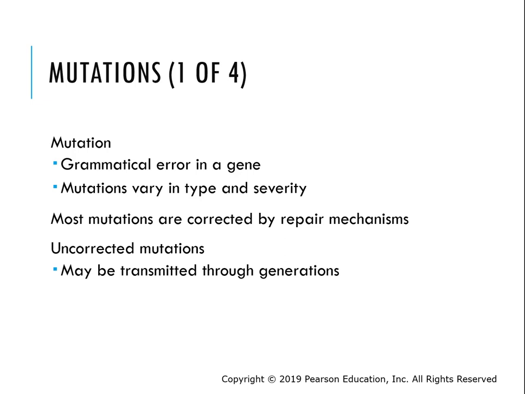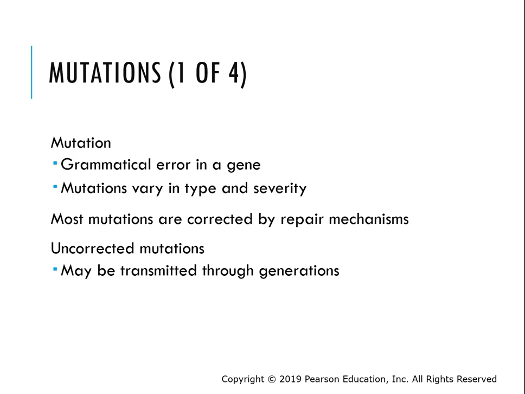So in any way, shape, or form, these things are going to change that information that the gene is going to convey, okay? And so I kind of gave you some ideas here that they're going to vary in type and severity, and we're going to talk about those, okay? Now, there are repair mechanisms in the cell. And again, that's beyond the scope of our class to talk about, but we could talk about the different types of repair mechanisms that exist.